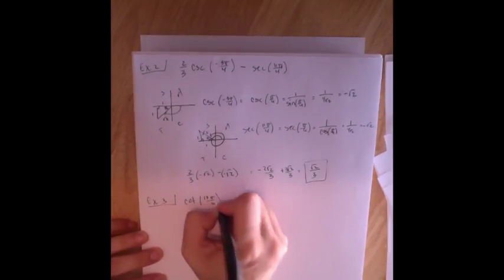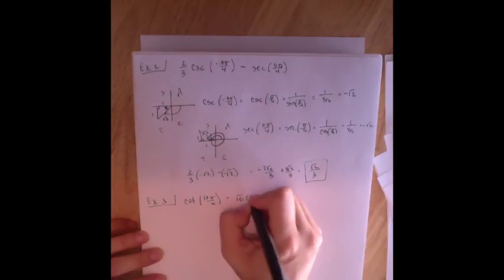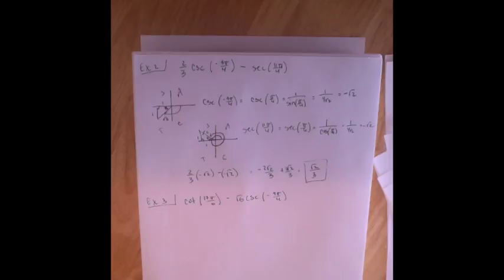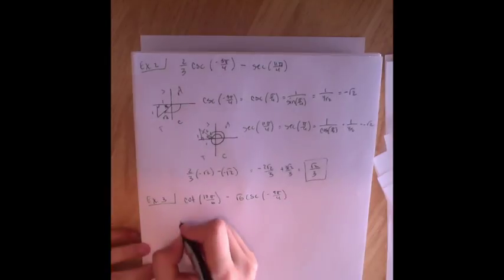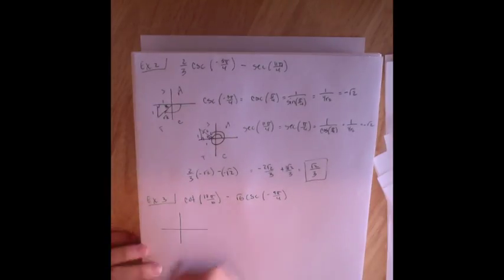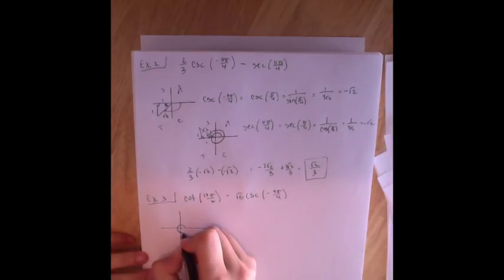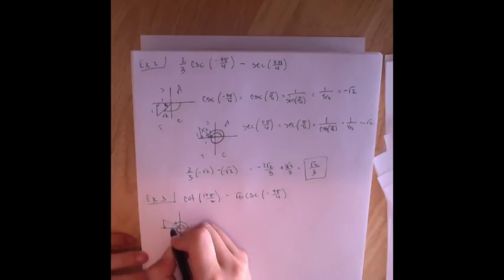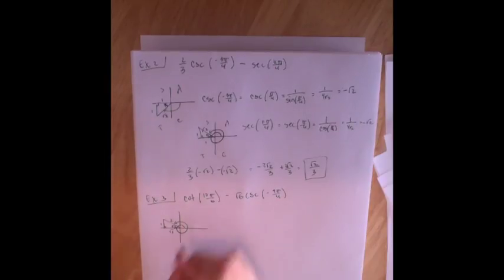Cotangent of 17 pi over 6 minus root 6 cosecant negative 9 pi over 4. So, again, you need to draw your angles. We know that 17 pi over 6, we go all the way around and go to here, leaving me with pi over 6 here, which I know is 30 degrees, so I have root 3, 1, and 2.